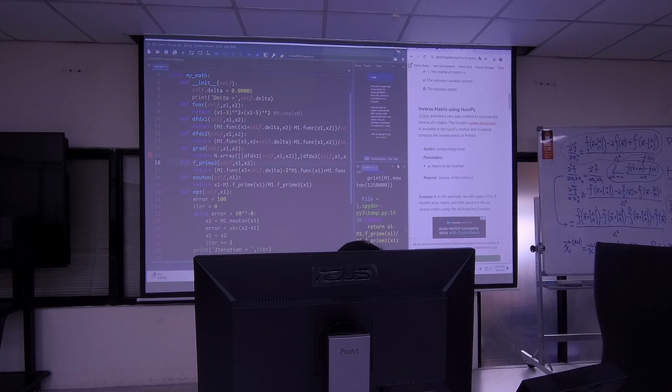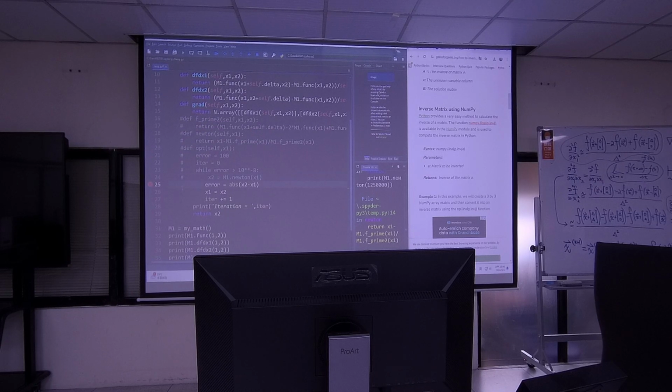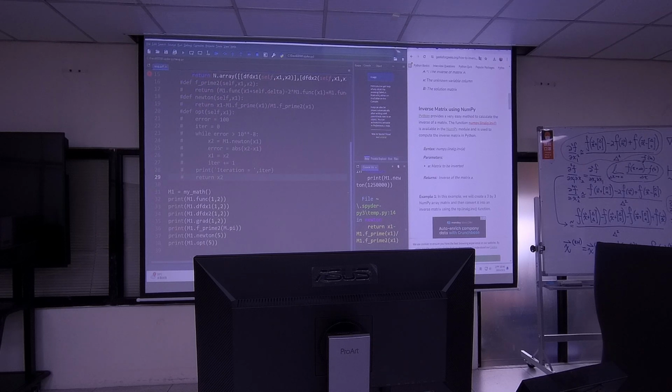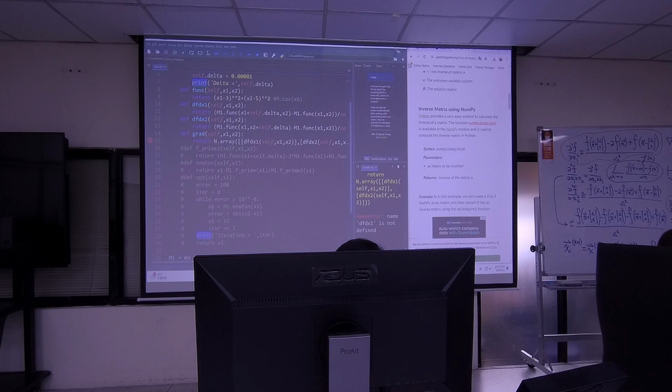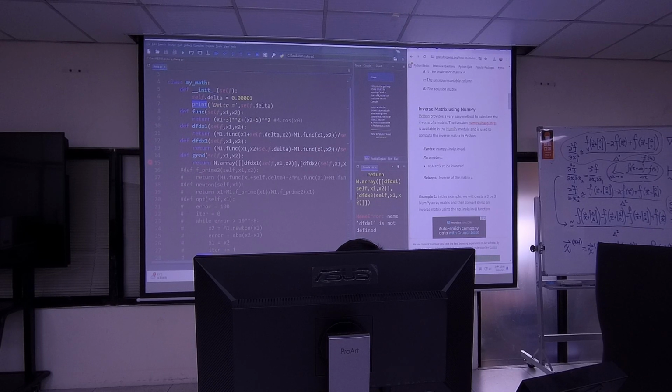So I may need to just comment this part because everything is different now. But I need those later on. Okay, so here. Just let me make sure this is correct. df. Function.